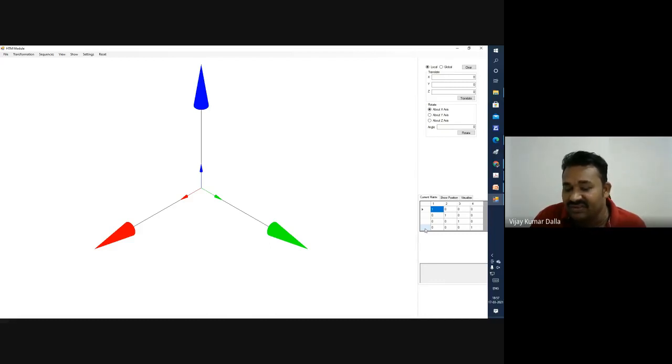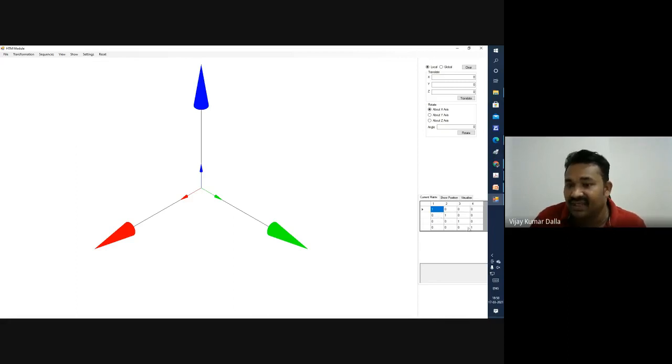Why is it known as homogeneous? If the number of elements in the rows matches the number of elements in the columns of the other matrix, then it is known as a homogeneous matrix, and only then can we multiply 2, 3 matrices depending upon the transformations, and ultimately we can get the kinematic equations, meaning the robot end effector positions and orientations.